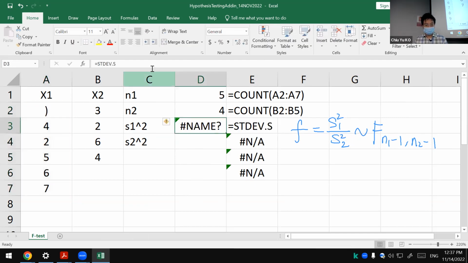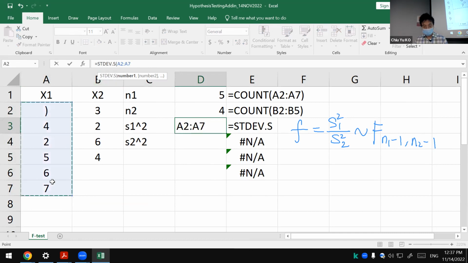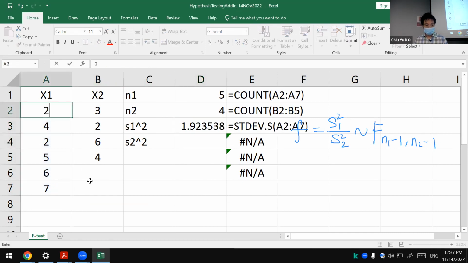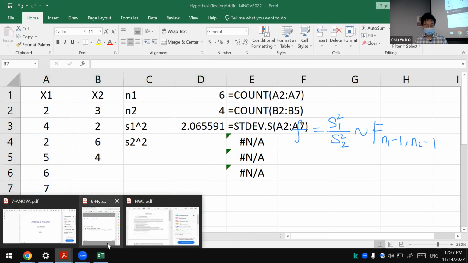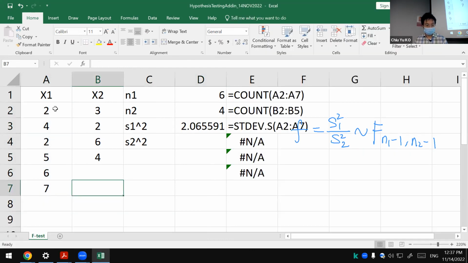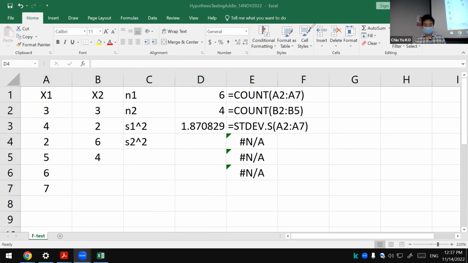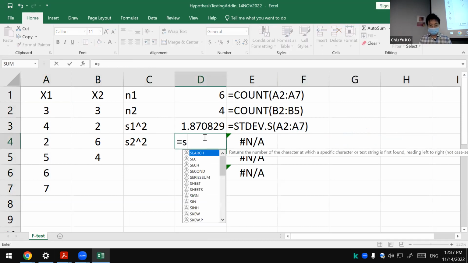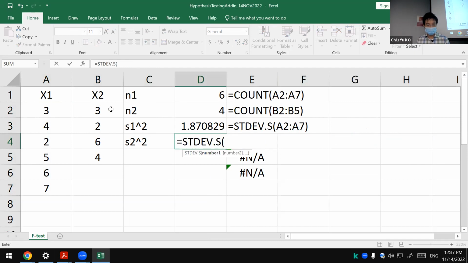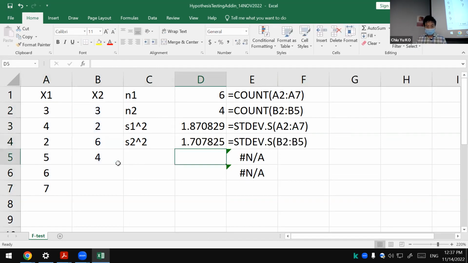Let me check the range, this is 2, right? That's 3. So this is the sample standard deviation, and you do the same for sample 2. Now we have these two samples here.